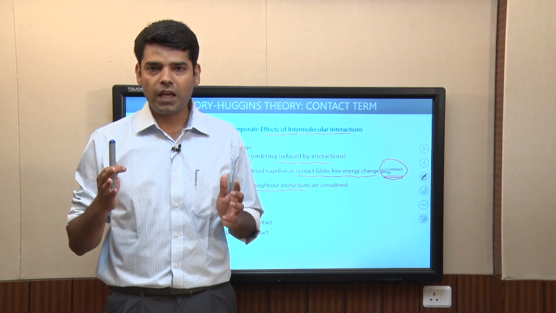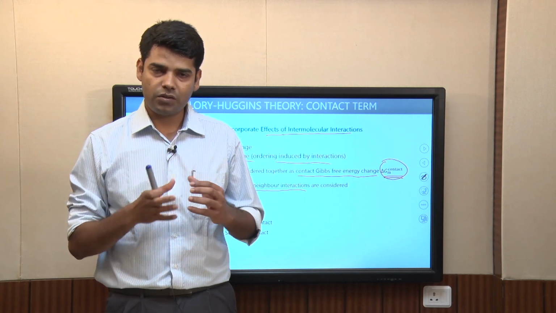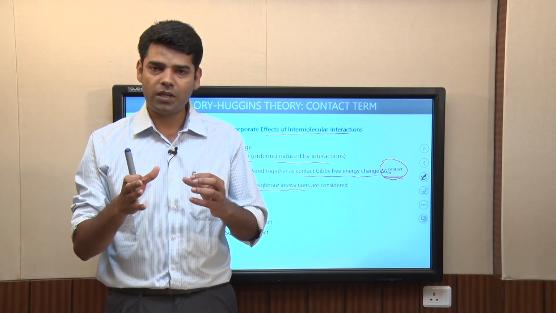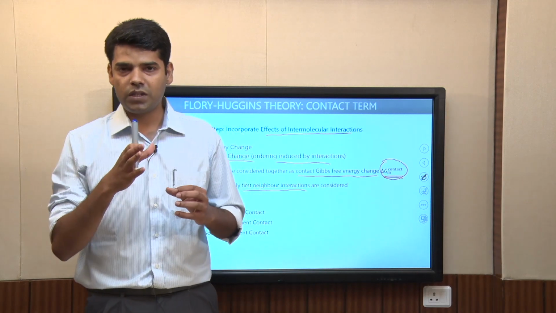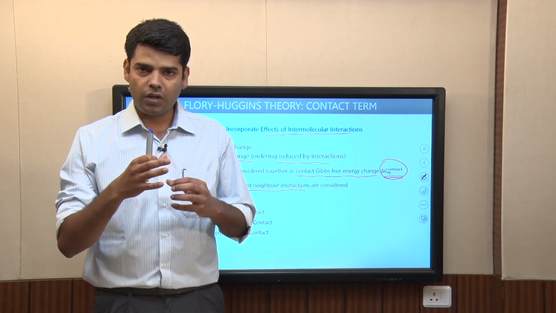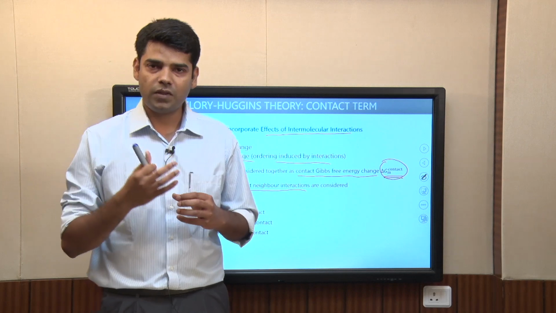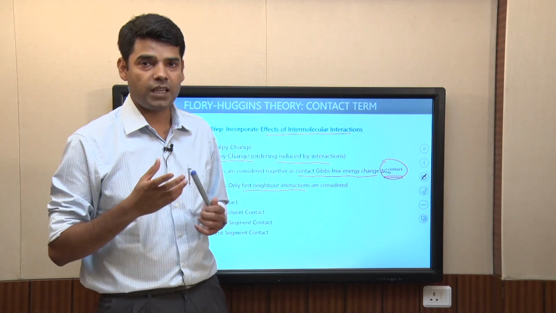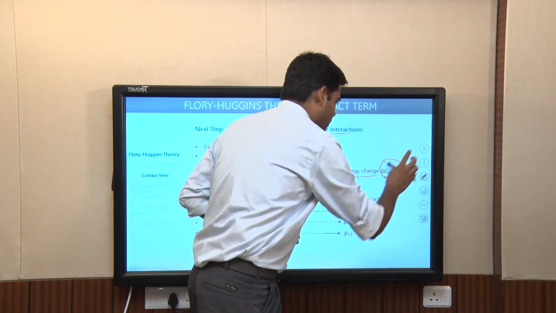Apart from that, we can also have a solvent-segment interaction. A given polymer segment might be surrounded by solvent molecules, and those contacts will lead to some kind of interaction which we will call the solvent-segment interaction.